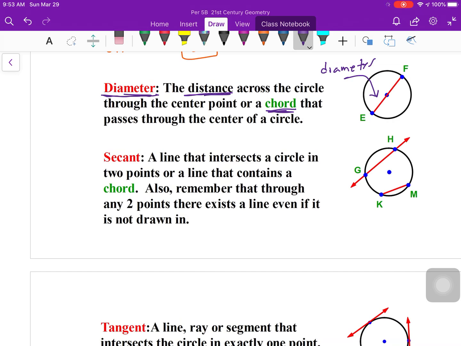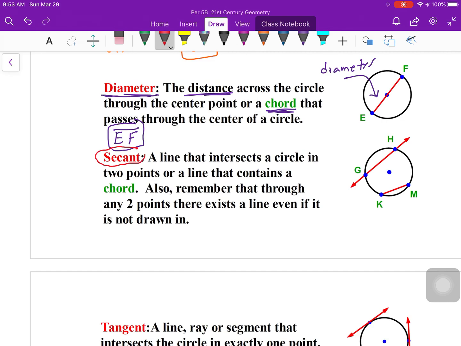So although a diameter is a chord, it's more specific to call it a diameter. So if I was naming the diameter there, I would usually be naming it as the segment from E to F. And again, although it is a chord because it has its endpoints on the circle, the most specific name we would use is diameter.